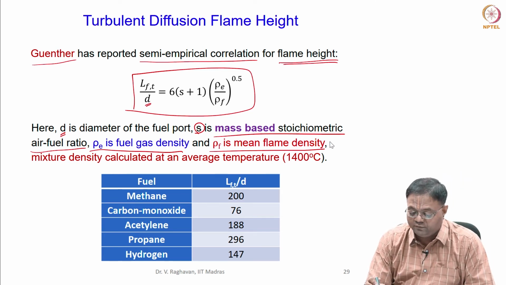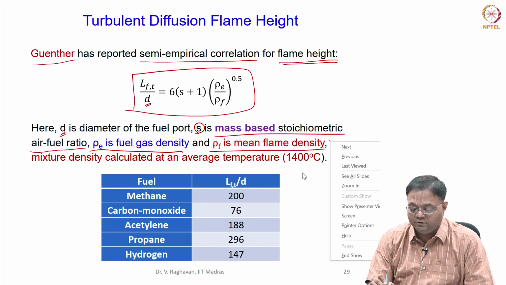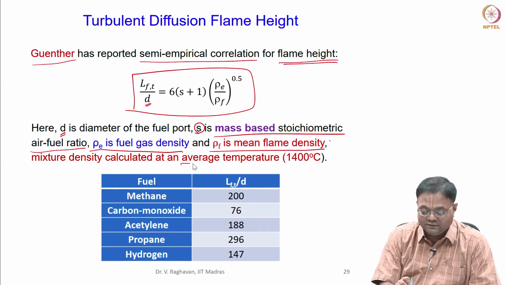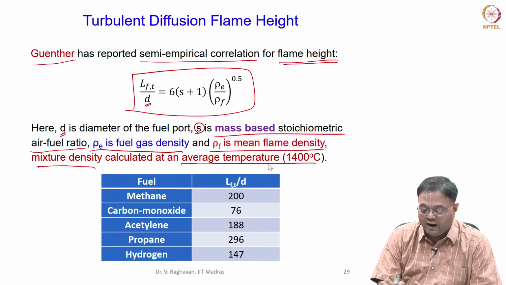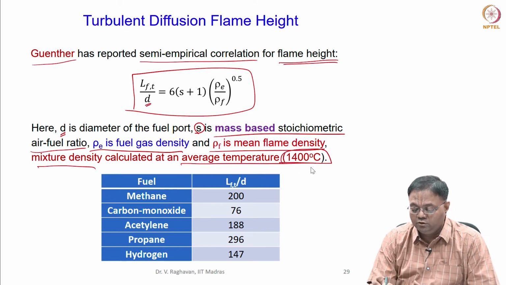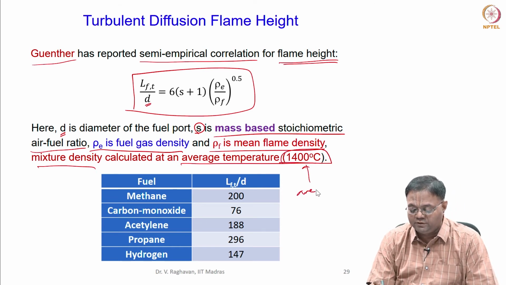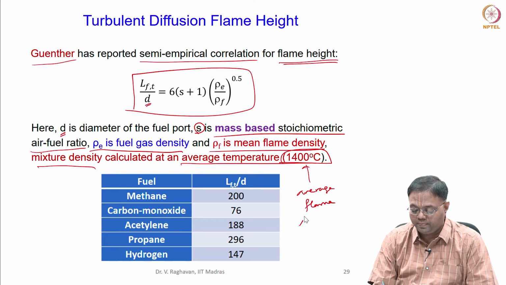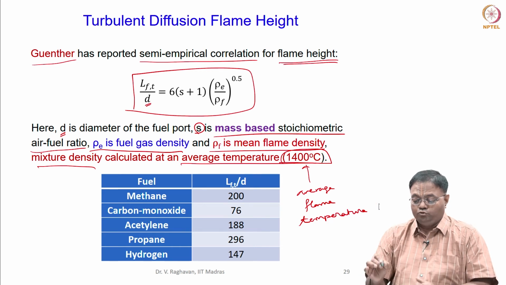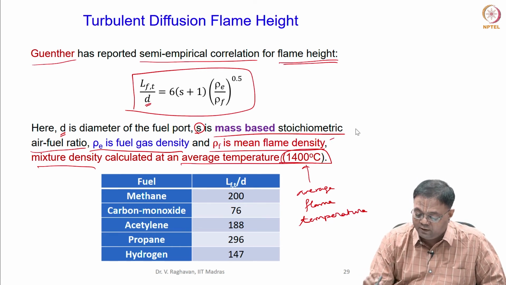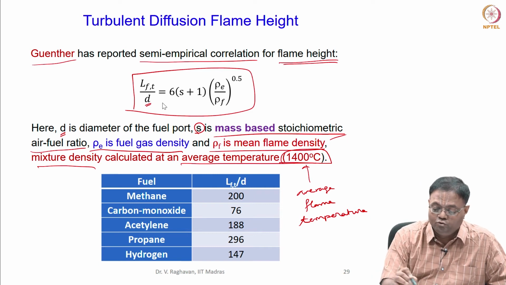Here the flame density is used, and flame density is actually calculated as a mixture density at a temperature of around 1400. This is the average flame temperature. So at this temperature the mean flame density is calculated and used in this correlation.